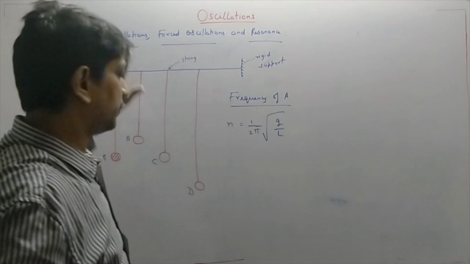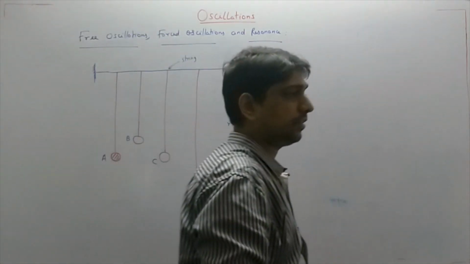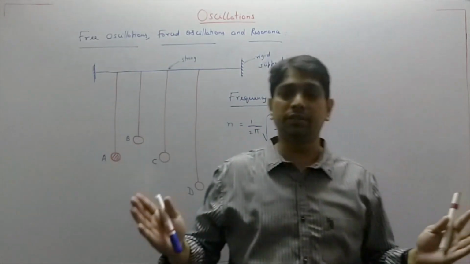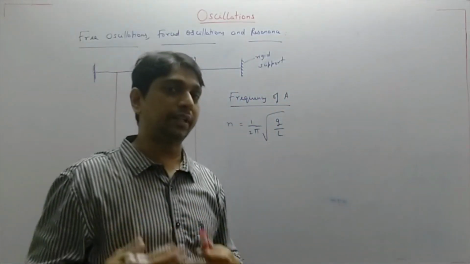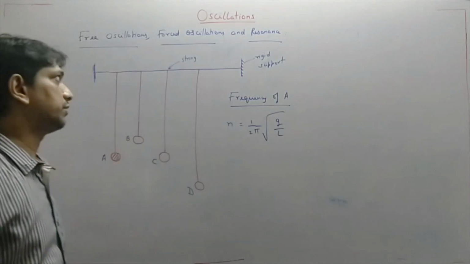That type of oscillation is free oscillation. When a single pendulum is there, when we displace and disturb it, it starts vibrating with its own natural frequency. So that is called a free oscillation.